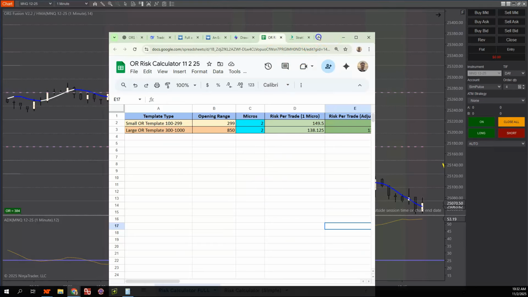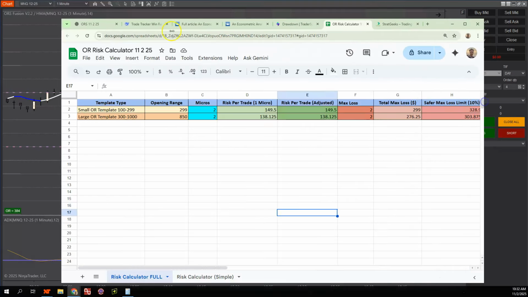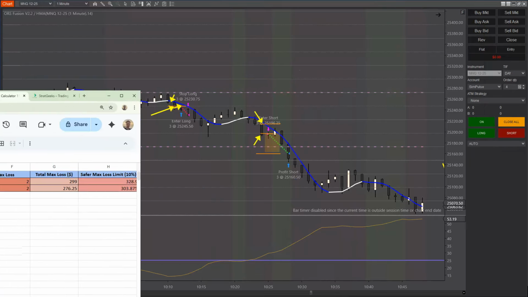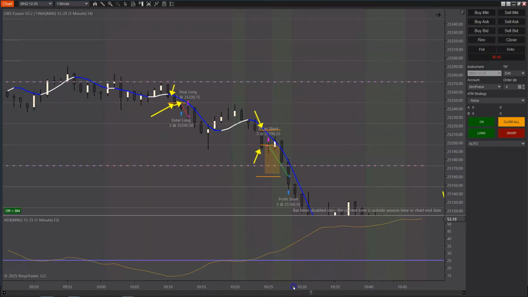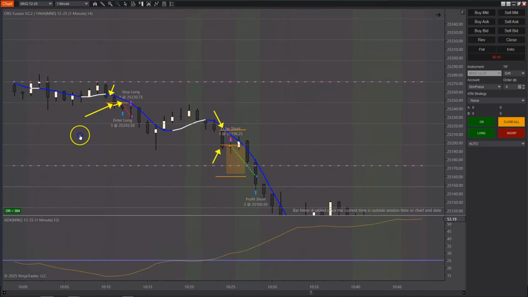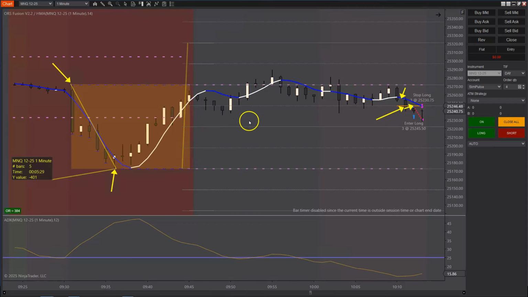So this is really, really cool. It's so perfect for prop firms. Let's just talk about that for a second. Because we base the trades off of the first 15 minutes, we know exactly what our stops and targets are for every single trade for the whole day. So there's no surprise.